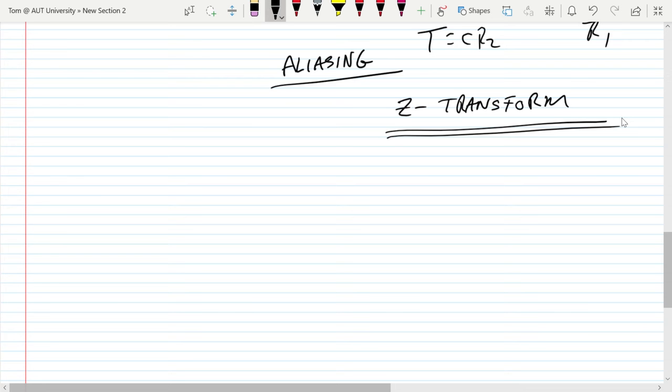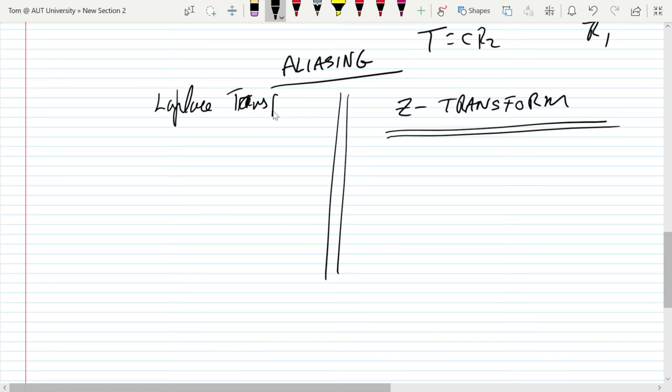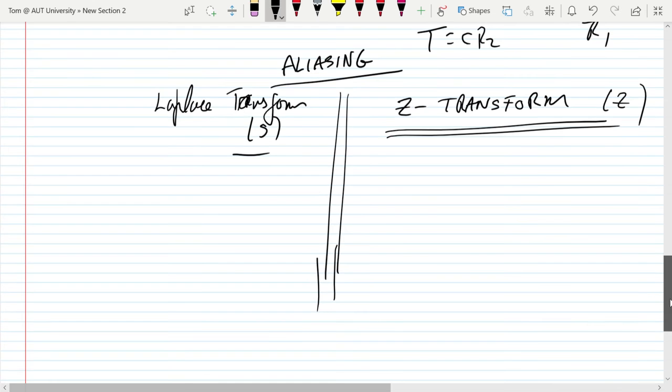The Z transform is the digital version of the Laplace transform. So the Laplace transform uses S and the Z transform uses Z. Just as you get a transfer function in S, you can get a transfer function in Z.